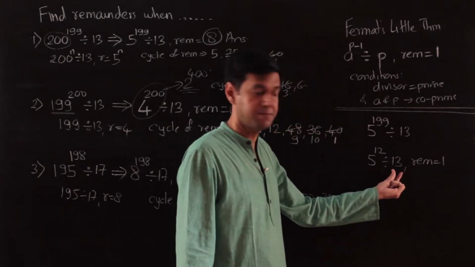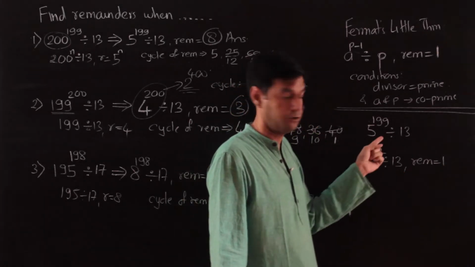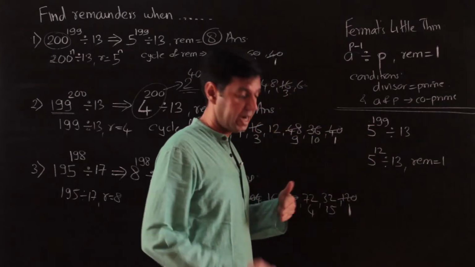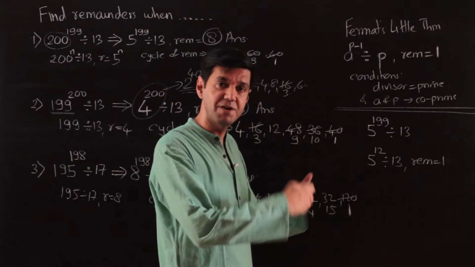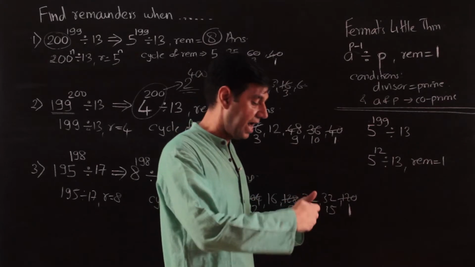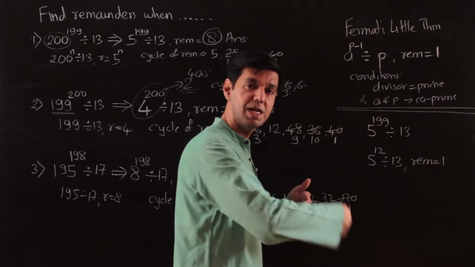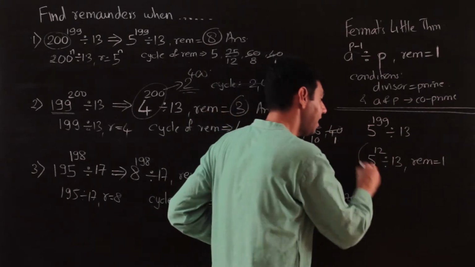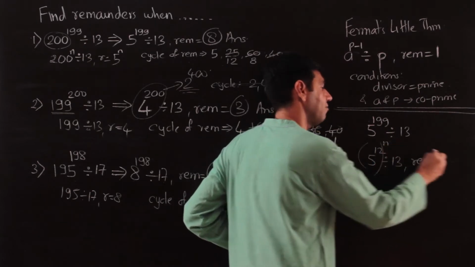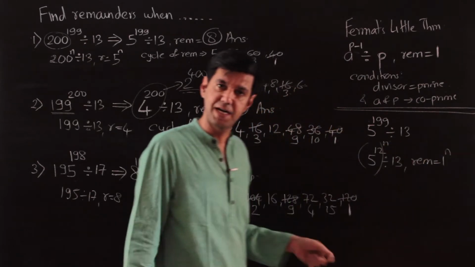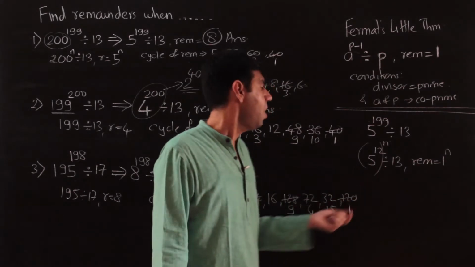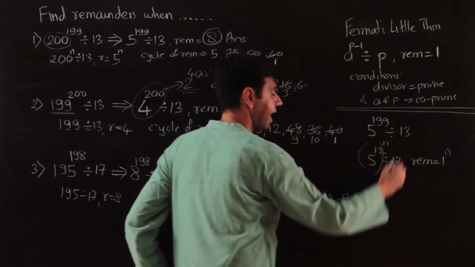The divisor is prime 13, 13 minus 1, 5 raised to 12. So 5 raised to 12 would give a remainder 1. Yes, and now every 12th power will give you a remainder 1. So 5 raised to 12 raised to anything will also give you a remainder 1. 1 raised to anything is 1. So you need the 199th term.